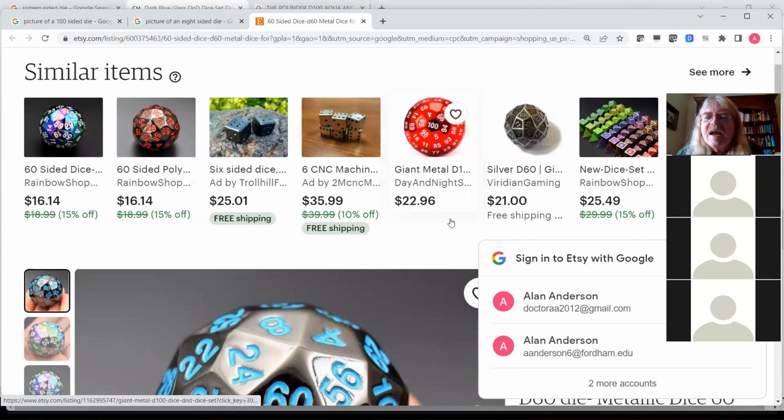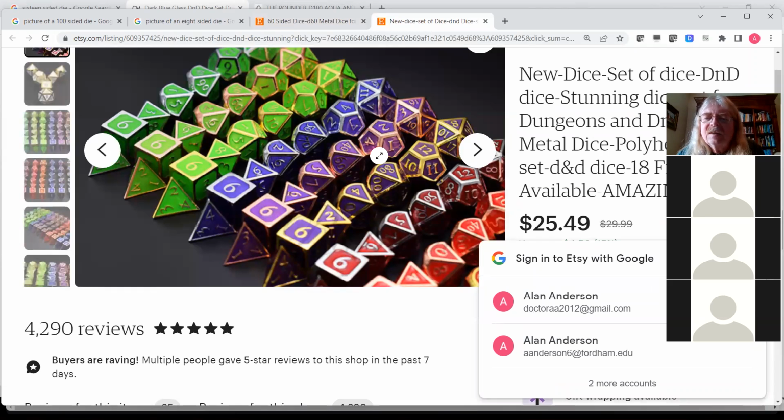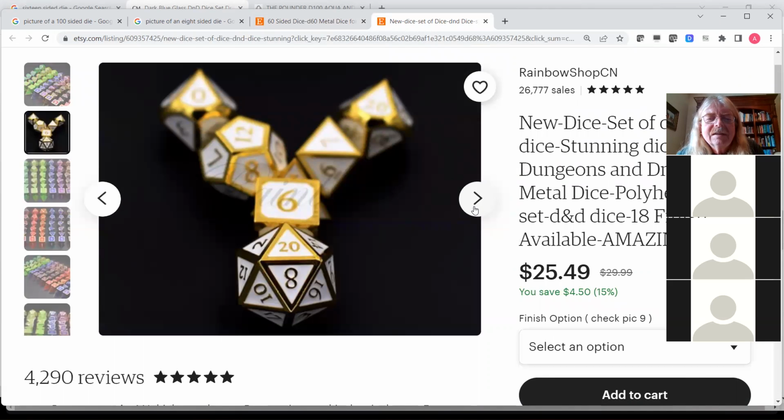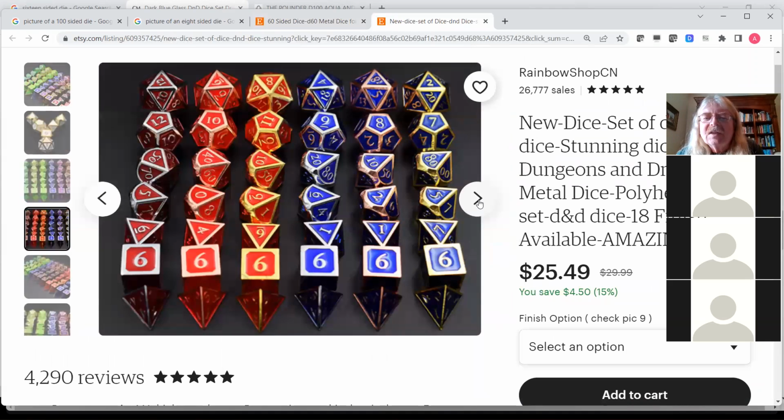Physics will prevent that from happening, but oh, look at these. Wow. So many different ones to choose from. Look at these guys. Wow. As opposed to the standard Monopoly dice that everybody grew up with.